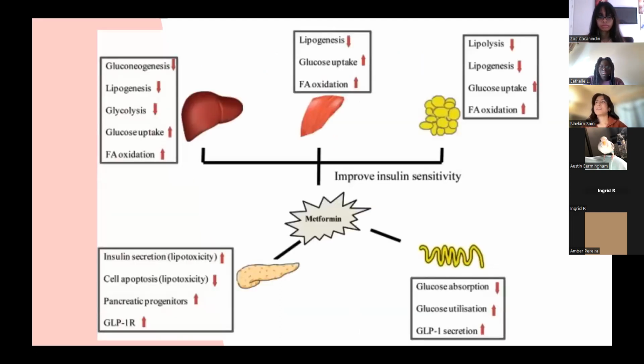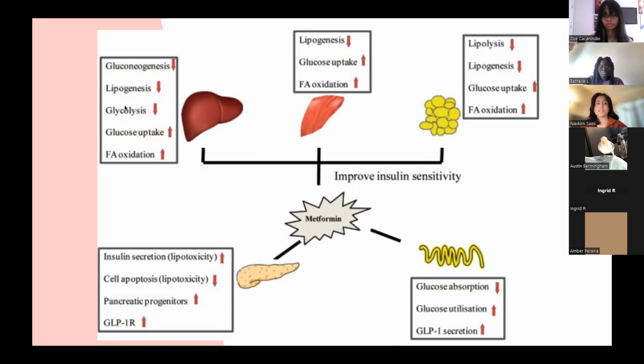Again, there are different processes that occur with metformin and how it impacts your body. There's gluconeogenesis, which relates to the development of glucose, and it decreases that. And then we have lipogenesis, which it also decreases. Lipogenesis is essentially the creation of fat.